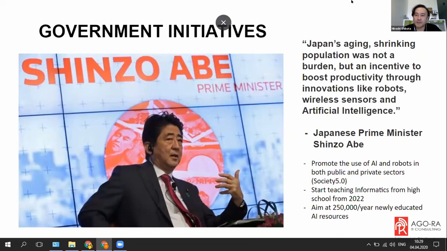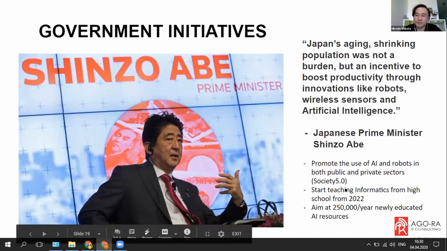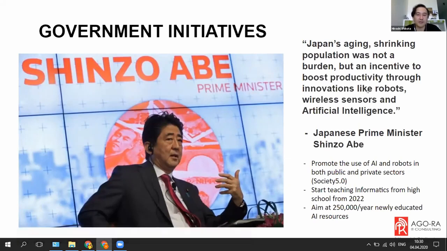There's a government initiative that he announced, I think it was last year. Our Prime Minister Shinzo Abe has been Prime Minister for the past 6 years. He set the initiative called Society 5.0, in which the government promotes the use of AI in every sphere of business.